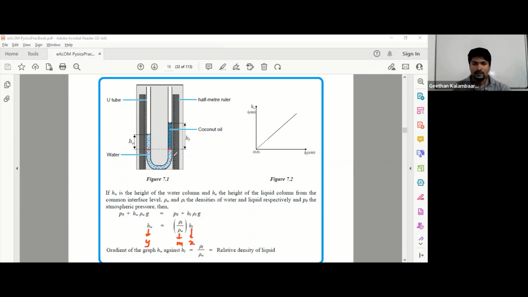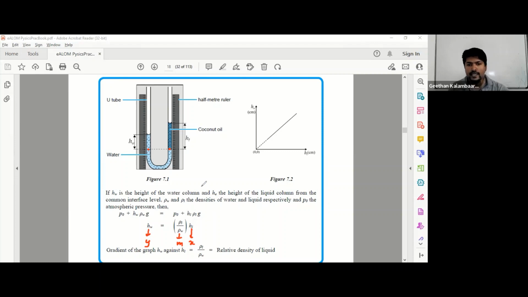If you add more water, h_l won't change, the interface will rise, and h_w will also not change. So h_w and h_l will be constant if you add more water. You should add coconut oil in order to get different readings. So you add coconut oil, you change h_l, and accordingly you can measure the h_w value as well.